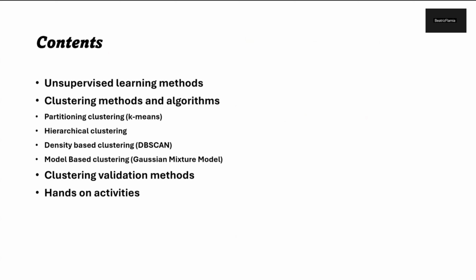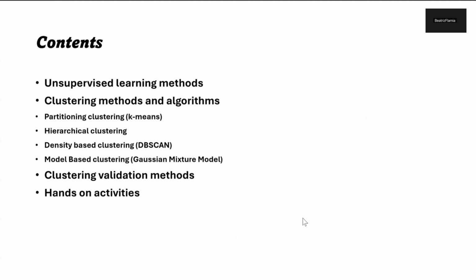This is the content of the course today. First, we talk about clustering and unsupervised methods. What is the difference between supervised and unsupervised? I hope you had a previous class about machine learning and supervised methods. Now I have a different approach.